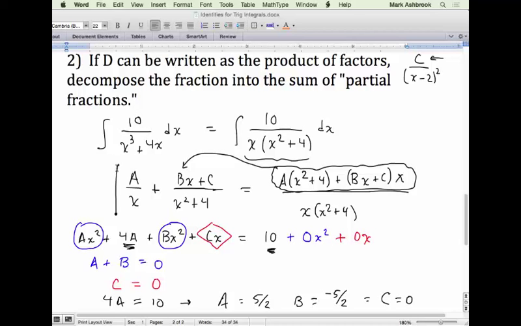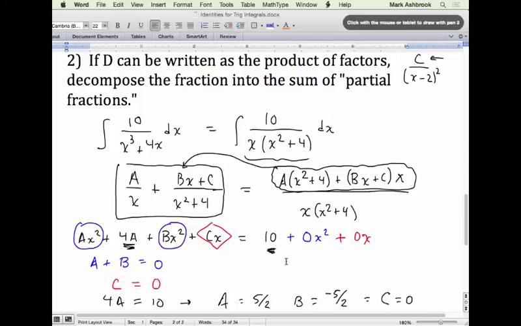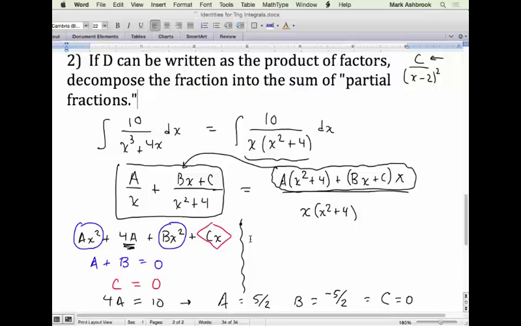So now this is what's equal to our original problem. We had to figure out what the A, B, and C were so that it's equal to 10 in the numerator. So we got 5/2 over x, and then -5/2 x over x squared plus 4 plus 0. So let me just make some room here. Here's the end of the problem.